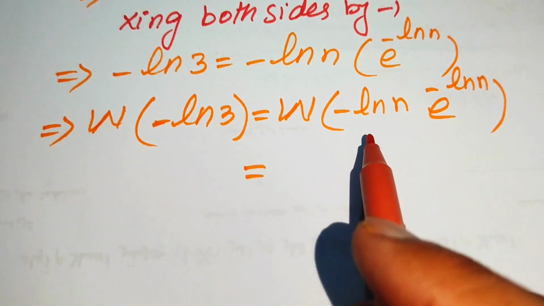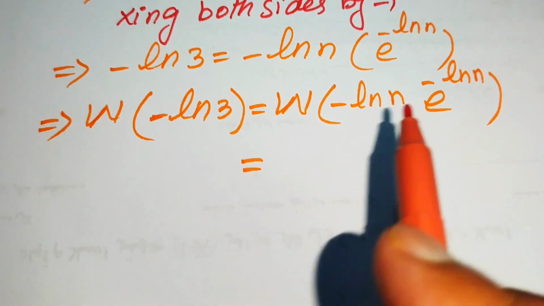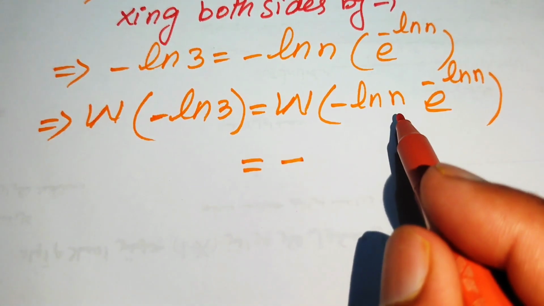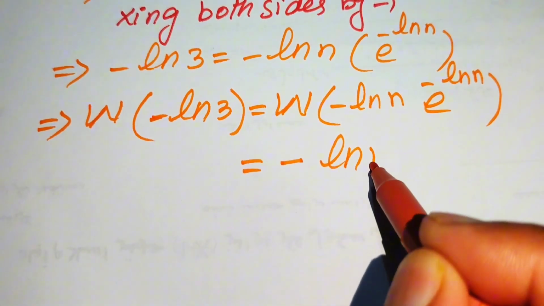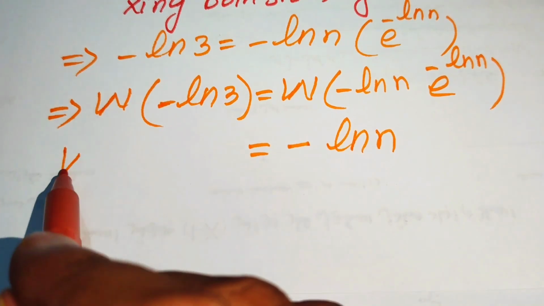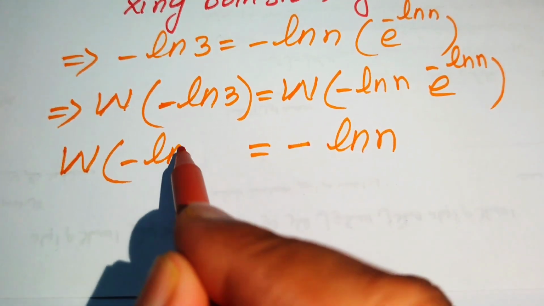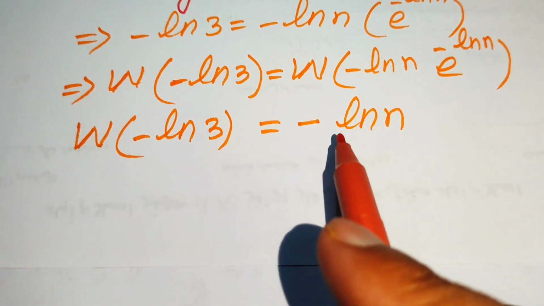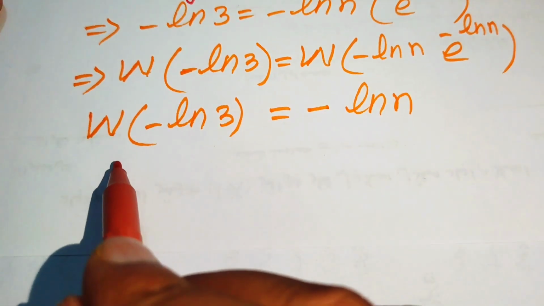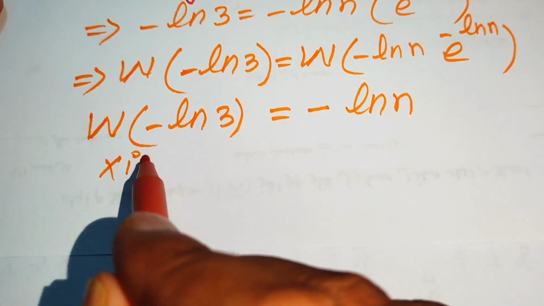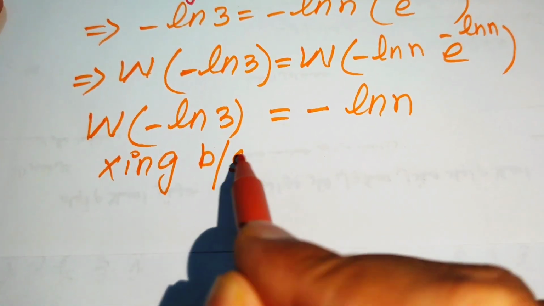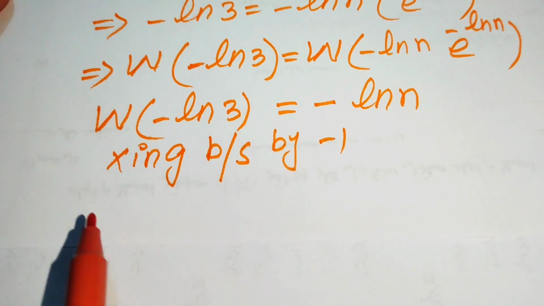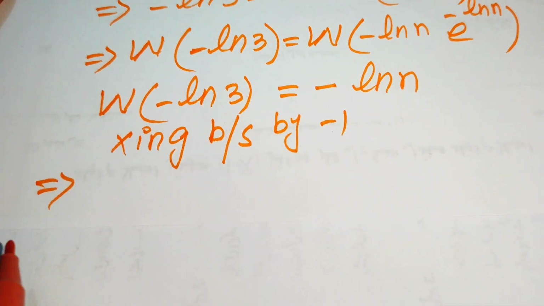After that we focus on the right hand side. The output of this Lambert W function is the exponent of e, so the output is minus log n, and in the left hand side we have W of minus log of 3. Because in this question we find the value of n, first we remove this minus sign and log n. In order to remove the minus sign, we multiply both sides by minus 1.